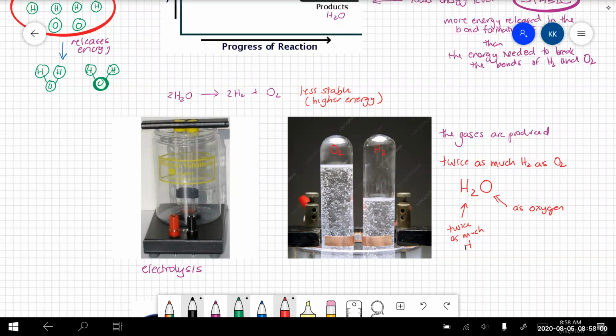So the electrolysis is using electrical energy to force a reaction to happen. So this reaction does not happen naturally.